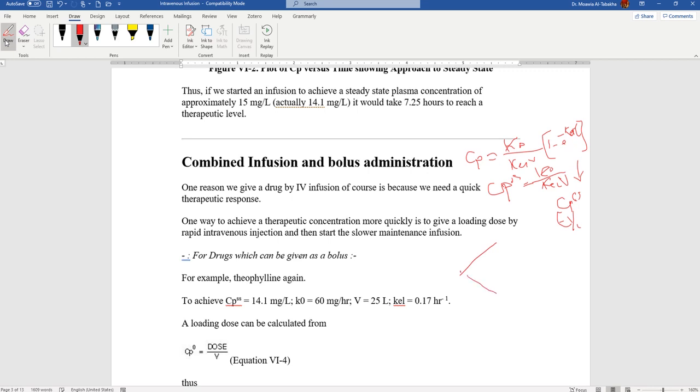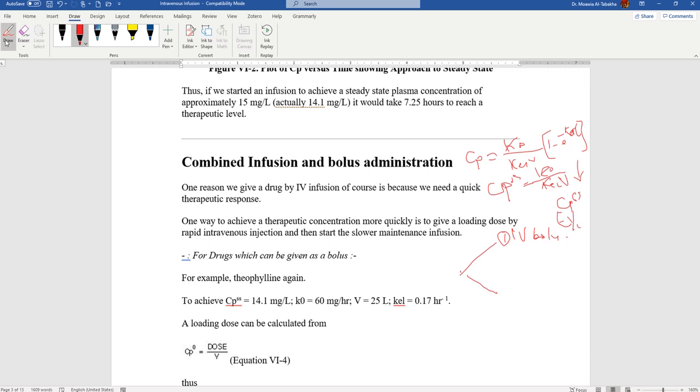We have two ways. One is to give an IV bolus, and this IV bolus can allow us to reach the CPss at time 0.